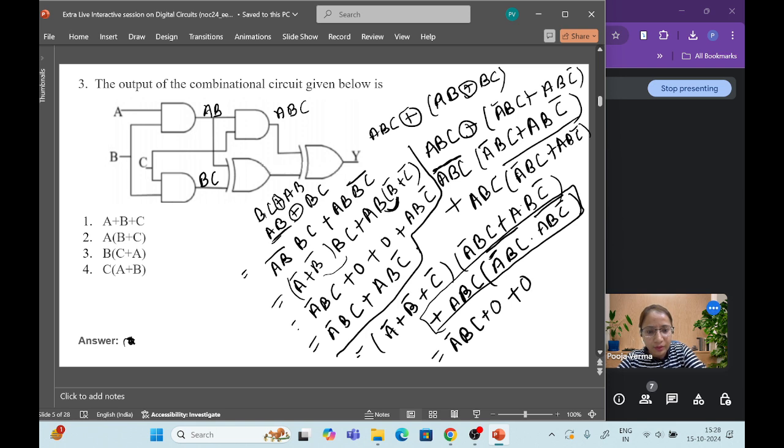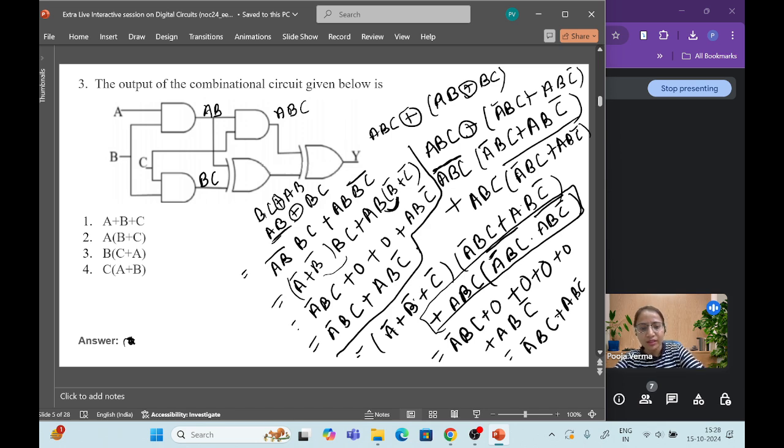Then again it becomes 0, and similarly in this case also B dash will be cancelled out, and similarly here C dash will be cancelled out, and here we will get C dash only. So here we will get ABC dash. So the final expression we have got is A dash BC plus ABC dash, right?